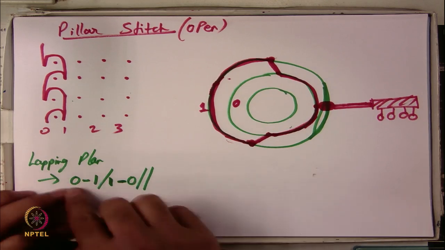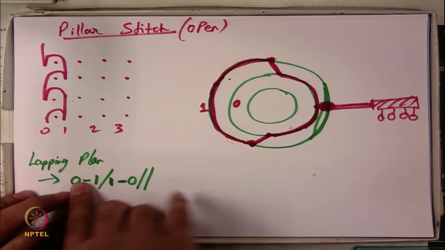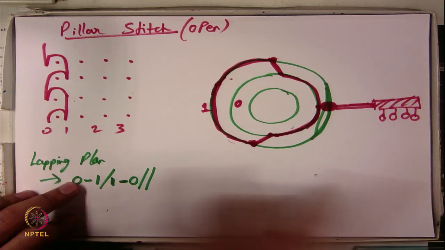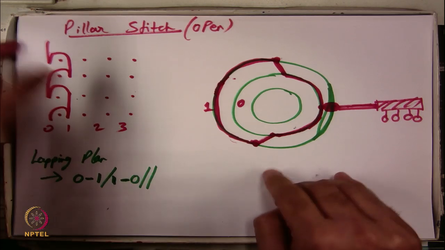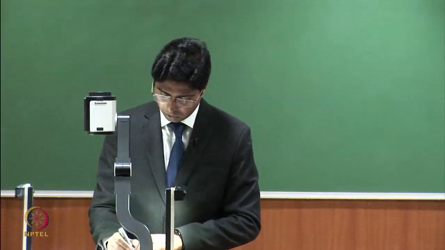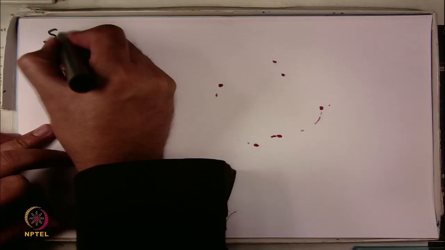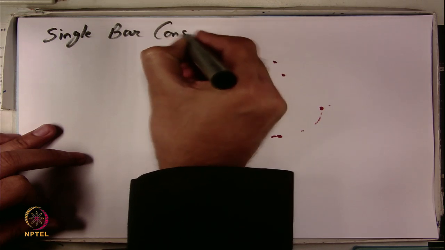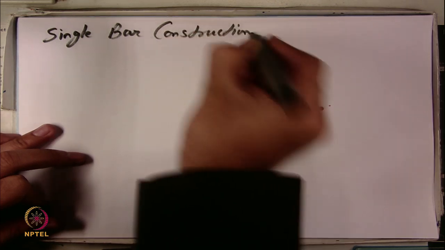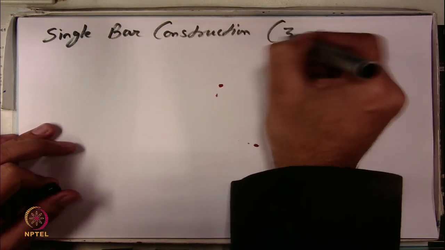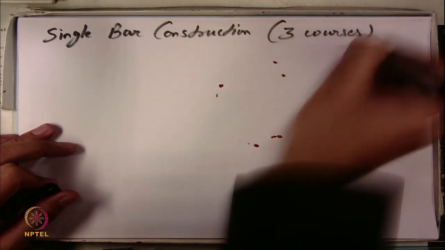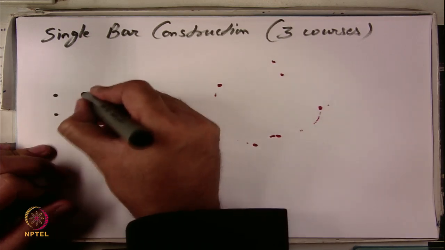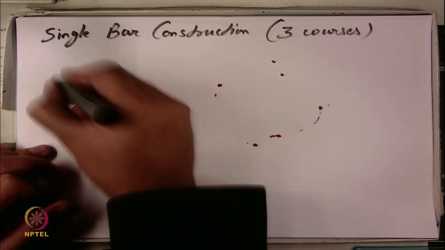In atlas construction, the only difference you will observe is there will be a lot of sequence that needs to be followed. Let us go for another simple one where you have more than 3 courses. So, let us suppose you have single bar construction which is repeating in 3 courses.